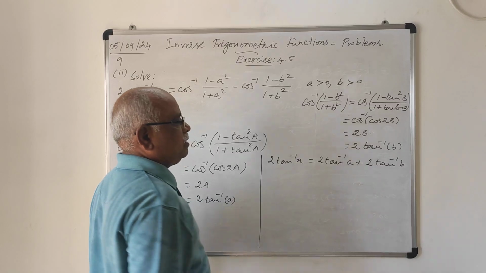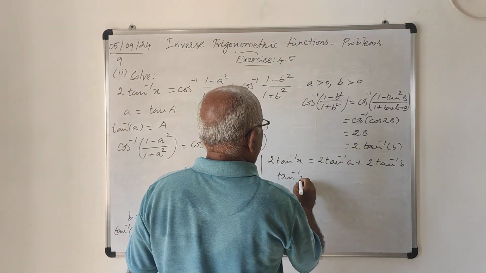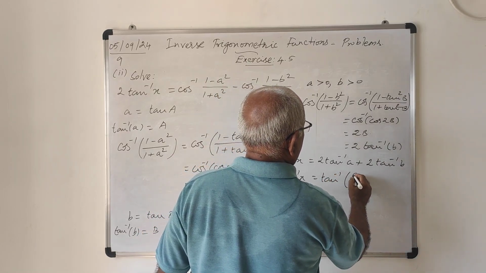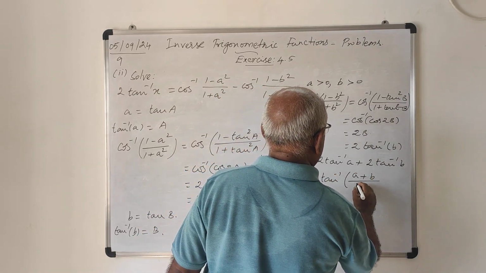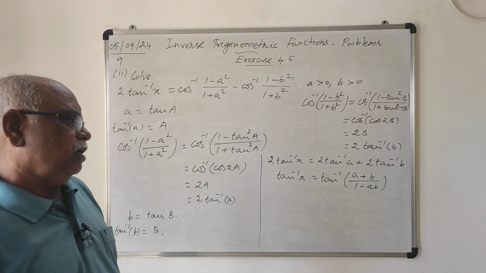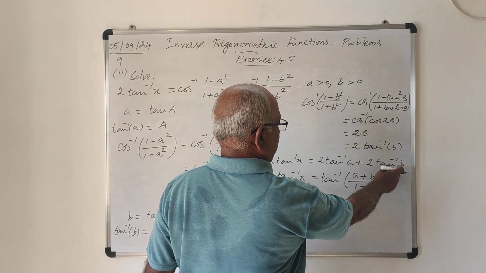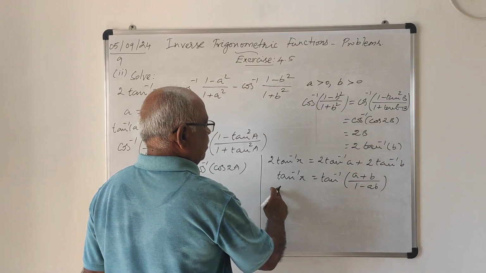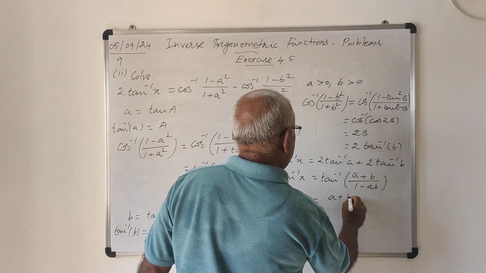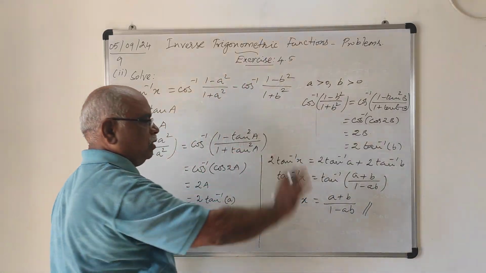The 2 cancels on both sides, and you will get tan inverse of x equal to tan inverse of a plus tan inverse of b, which is tan inverse of (a plus b) by (1 minus ab) by the formula: tan inverse of x plus tan inverse of y is tan inverse of (x plus y) by (1 minus xy). Eliminating tan inverse on both sides, you will get x equal to (a plus b) by (1 minus ab). That's all about the problem.